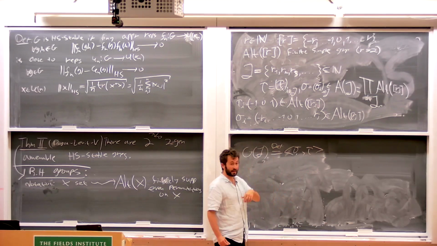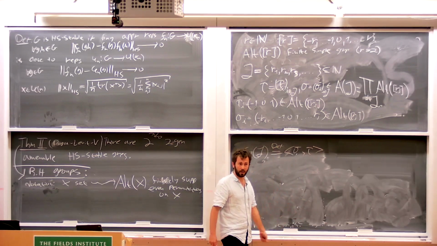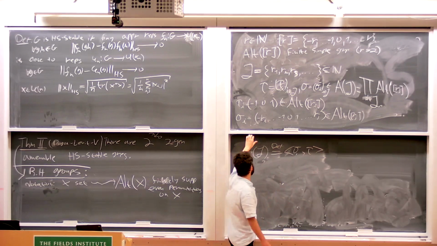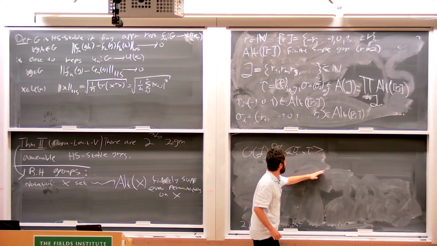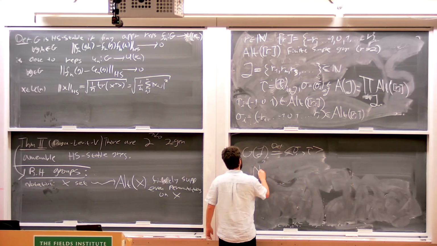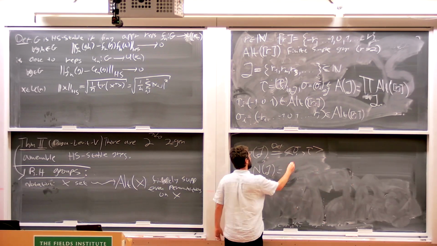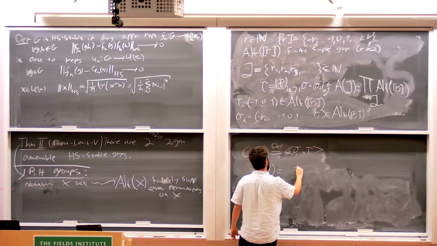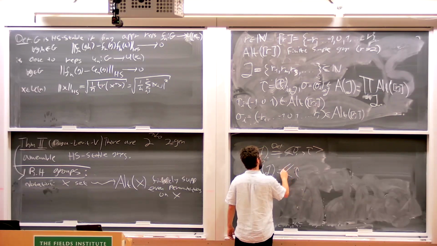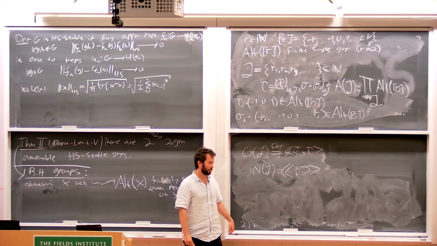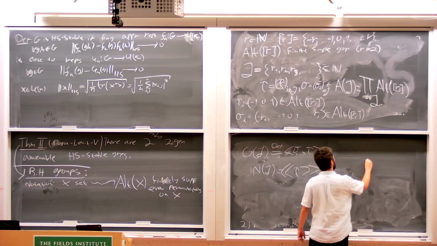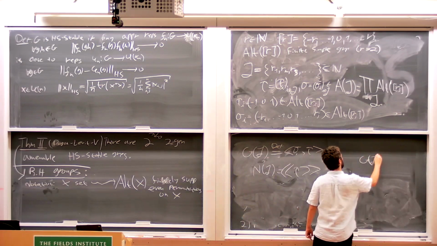Now let's try to understand a bit of the structure of this group, to get some idea of what this group really is. First, let's define N_J to be the normal closure of this element tau. So clearly, we have this short exact sequence.